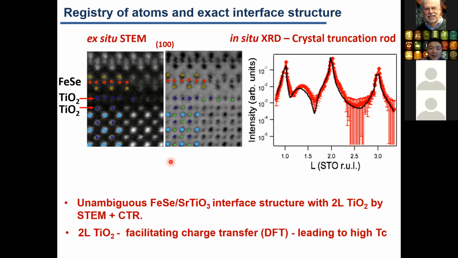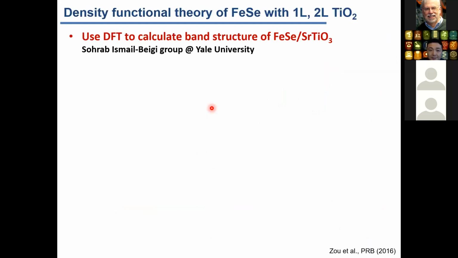Now we want to go back and think about the charge transfer. As I said earlier, the electrons have to come from STO, most likely from the oxygen vacancies created during the annealing procedures, and then they have to be transferred to iron cyanide. So how did that happen?